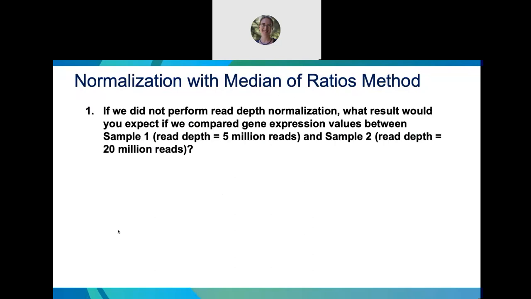So given what we've just talked about, if we did not perform read depth normalization, what result would you expect if we compared gene expression values between two hypothetical samples, one with read depth of 5 million reads and one with read depth of 20 million reads? What result would we get in a differential expression analysis? What do you guys think?